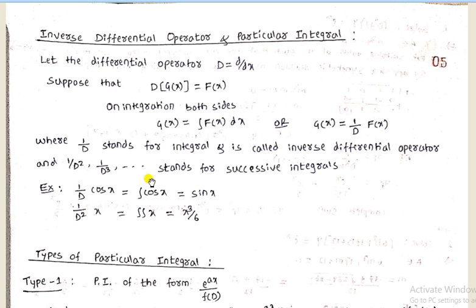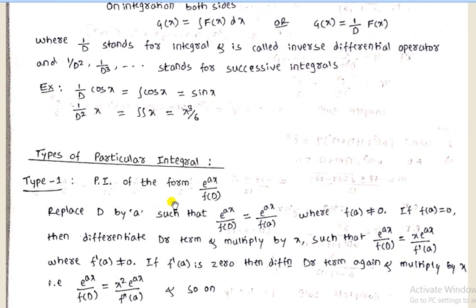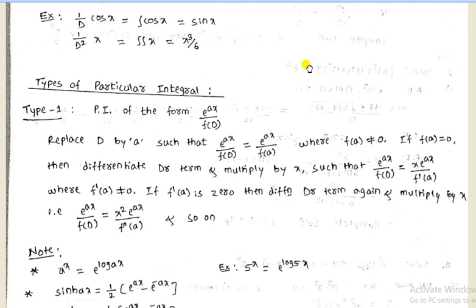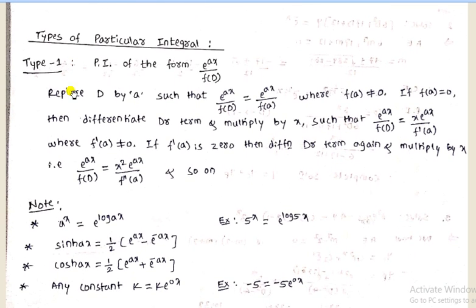Now, with the help of the inverse differential operator and particular integral, we will discuss the first type of particular integral. Suppose the particular integral is of the form e raised to ax divided by f of D, that is, the function is exponential.